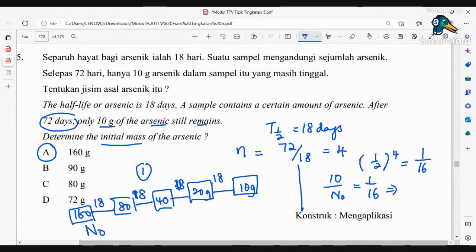So we get initial mass will be 16 times 10, which is 160 gram. So this can also be used if you understand the relationship, which is fraction left equals half to the power n, where n is the number of half-lives. Or you can just use the other method. So there are two methods for this one.